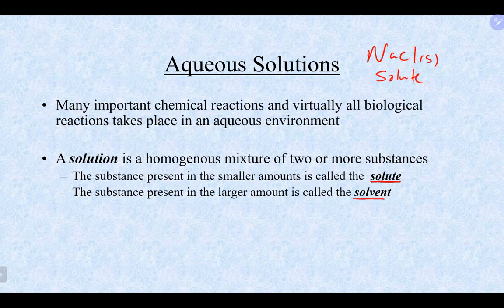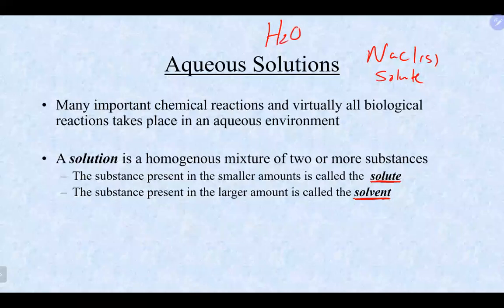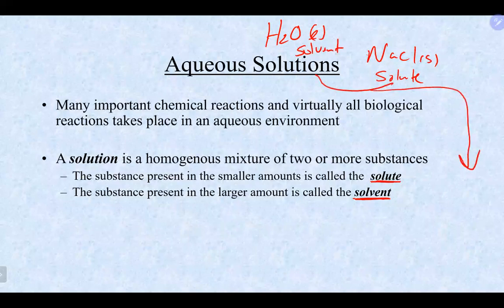The larger part of the solution is the solvent, so the water would be the solvent. When we take both of these things, we make a sodium chloride solution that would get the aq symbol, and it would be in the liquid state. So the solute is always the smaller part, and the solvent is the larger part.